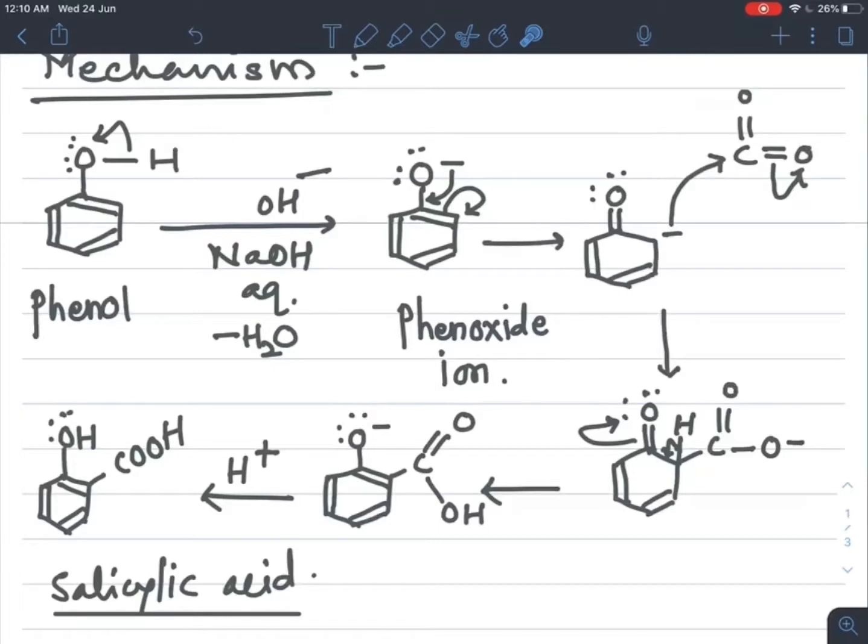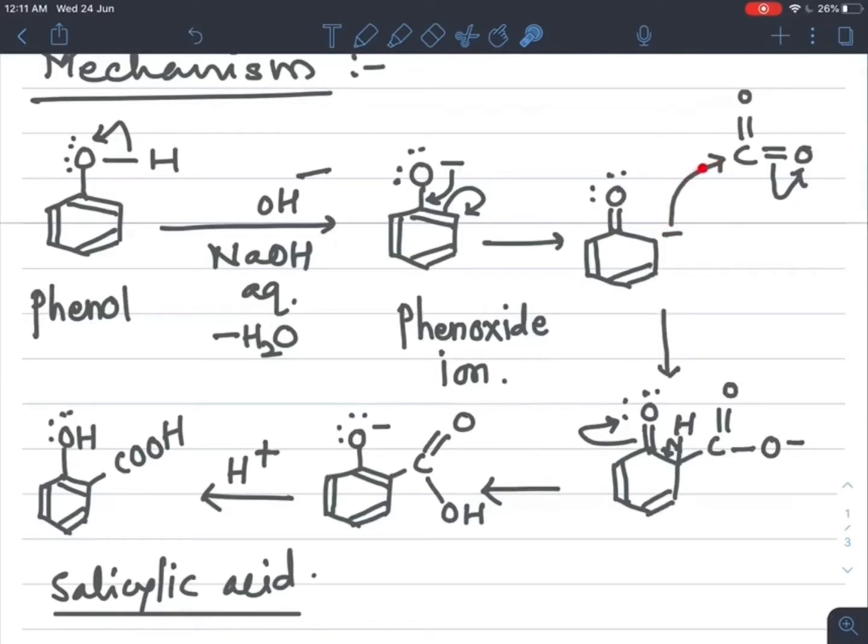Now on this oxygen this pair of electrons shifts, so it carries a negative charge, and at the same time this resonance structure is formed to activate this benzene ring; this negative charge, that is, the pair of electrons, shifts here. At the same time, this pi bonded electron shifts to the ortho position carbon to maintain the valency of this carbon. So the negative charge comes here at the ortho position, that is, a pair of electrons.